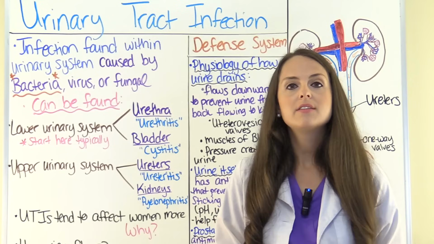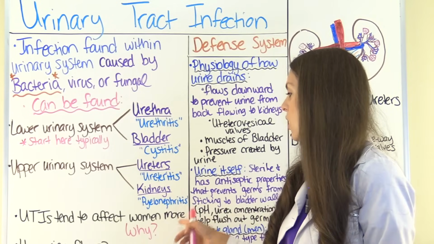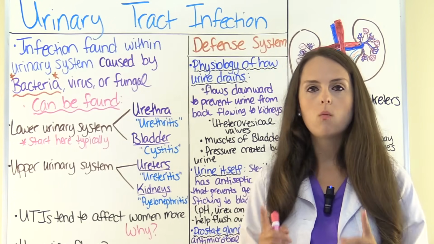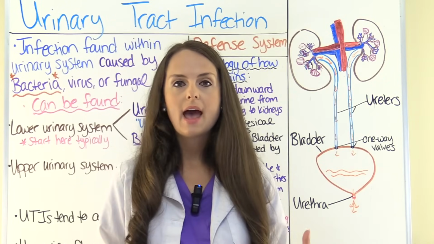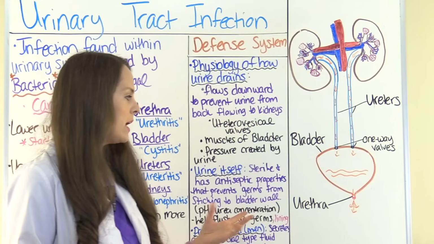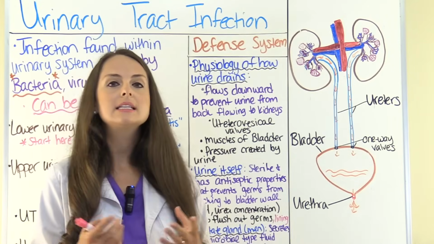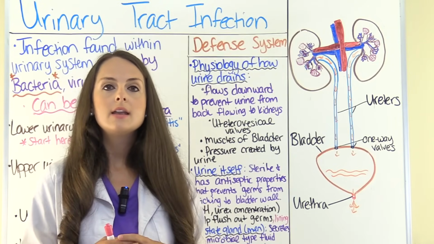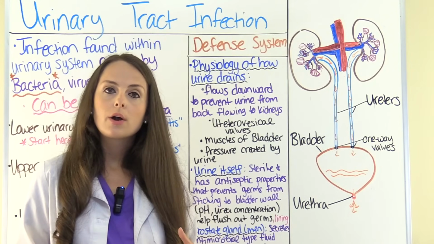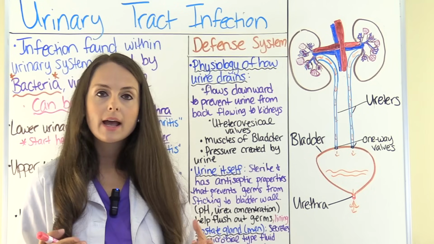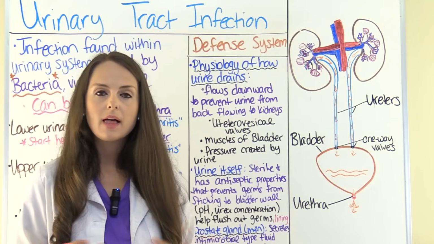Now, urinary tract infections tend to affect women more than men. Why? Well, really the reason is the female anatomy. In a woman, the urethra tends to be shorter than the male's urethra, so it makes it easier for bacteria to migrate up through that urethra and make its way to the bladder.